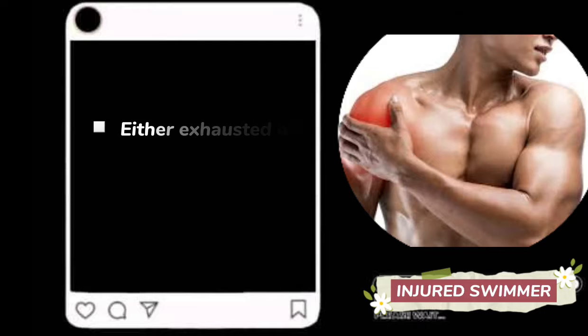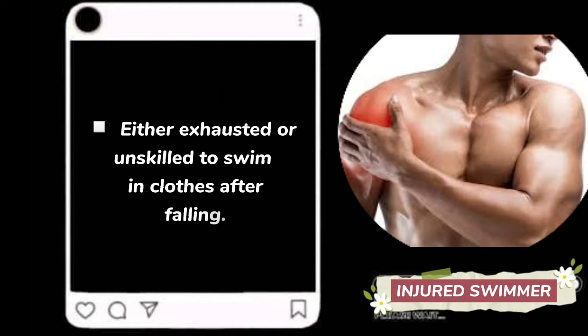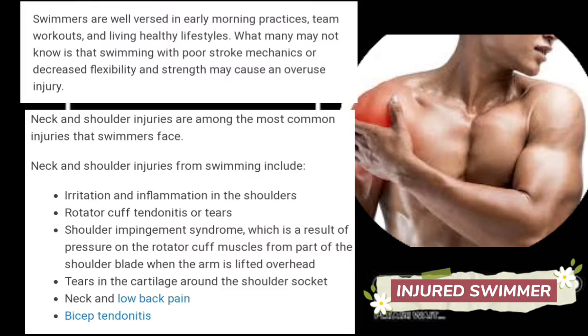Injured swimmer. Either exhausted or unskilled to swim. Swimmers are well versed in early morning practices, team workouts, and living a healthy lifestyle. What many may not know is that swimming with poor stroke mechanics or decreased flexibility and strength may cause an overuse injury. Neck and shoulder injuries are among the most common injuries that swimmers face.